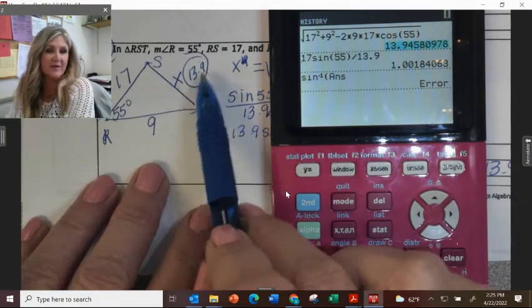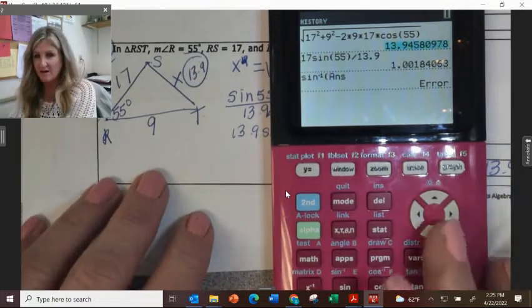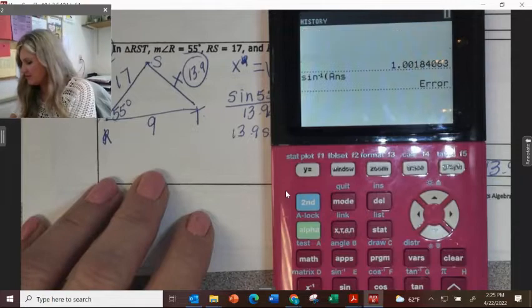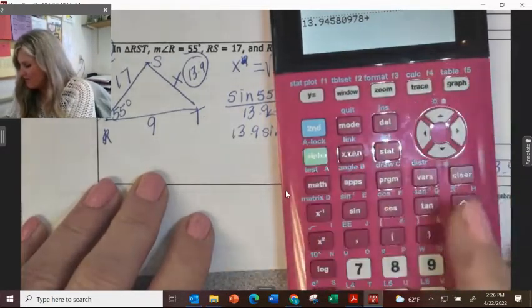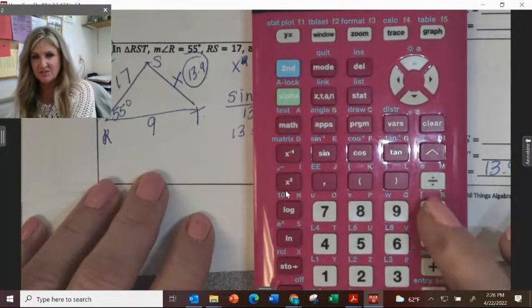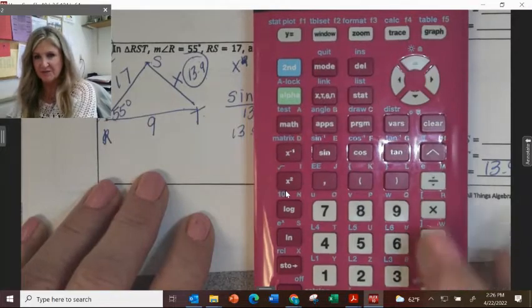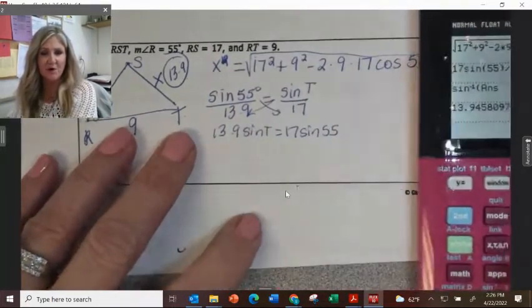I called it X, but it's across from angle R, so I could call it R. So I'm going to push enter on this, and I'm going to store it for alpha, and I can use any of these letters I want, and I'm going to store it into R, and I'm going to push enter. That is now stored into R.